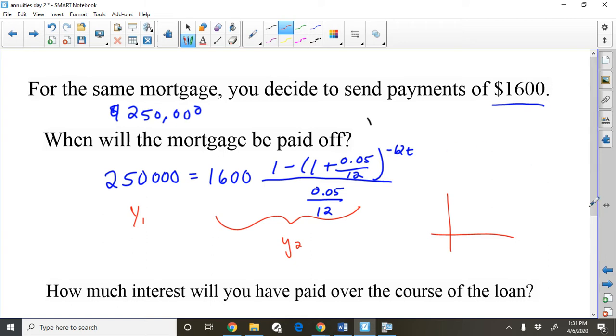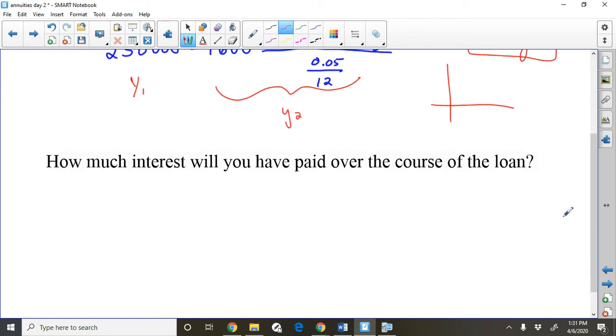When you solve this, and we're going to have to round these, you get approximately 21.1 years. So you've paid the mortgage off almost 9 years sooner. The question is, how much interest will you have paid paying it off this way? So now for 21.1 years, 12 months a year, we're sending $1,600 a month, which is $405,120.